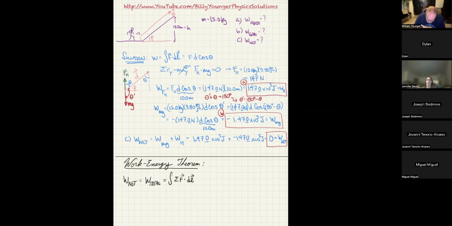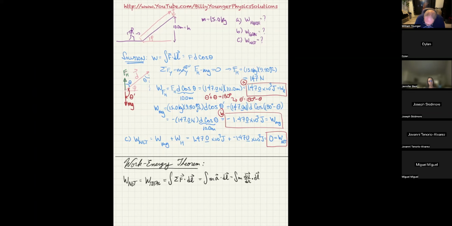Now, the summation of all the forces, we know from Newton's second law, gives the integral of m times a dot dl, which might jog your memory as m times dv dt dotted with dl.